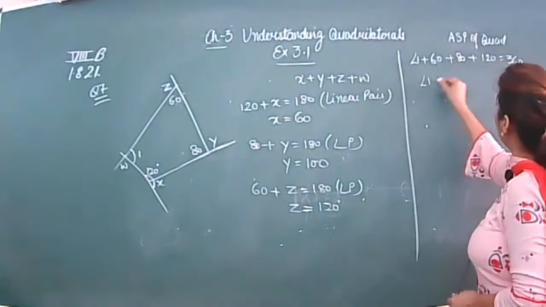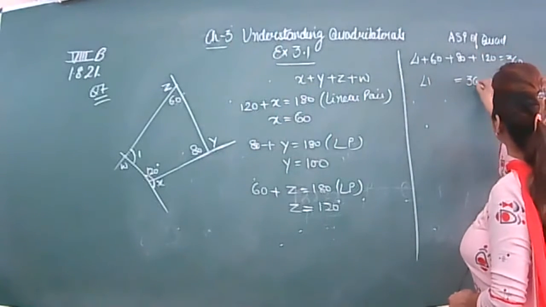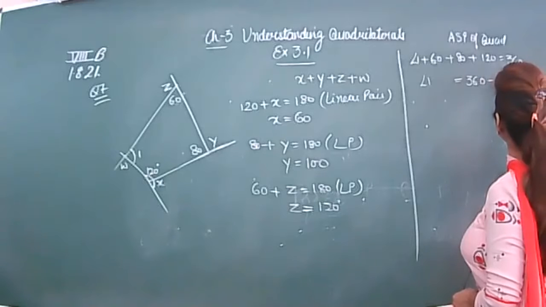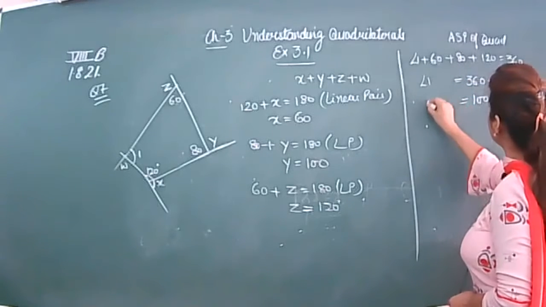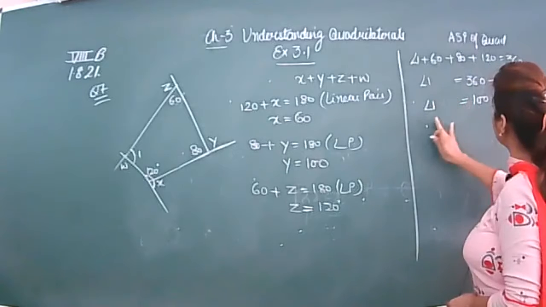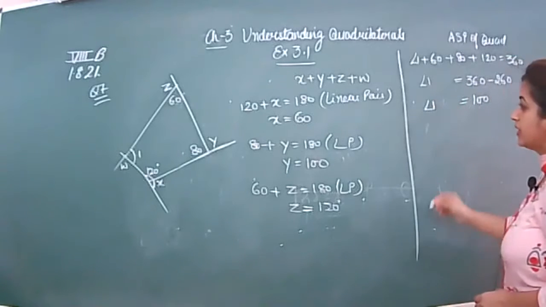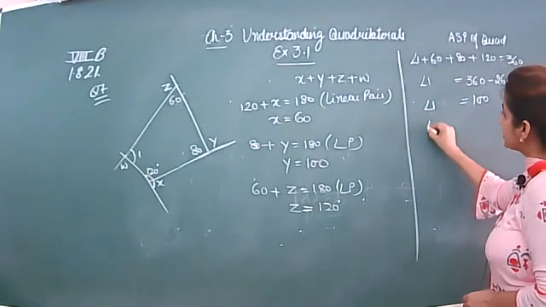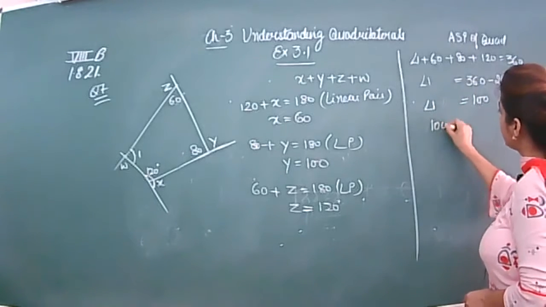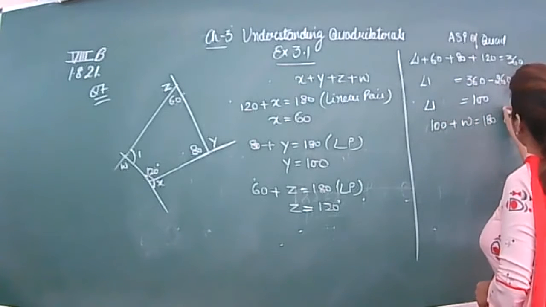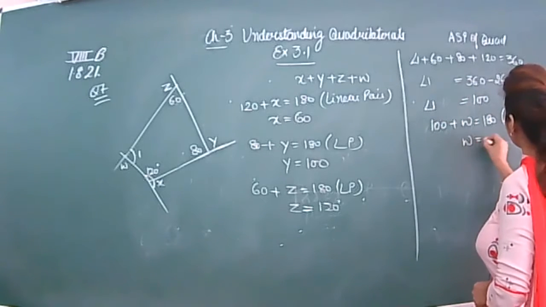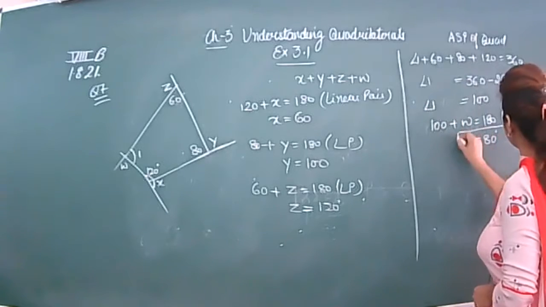You will find angle 1 is equal to 360 minus 260, that is 100. Angle 1 is 100. Now 100 plus w is equal to 180, linear pair. w is equal to 80 degrees.